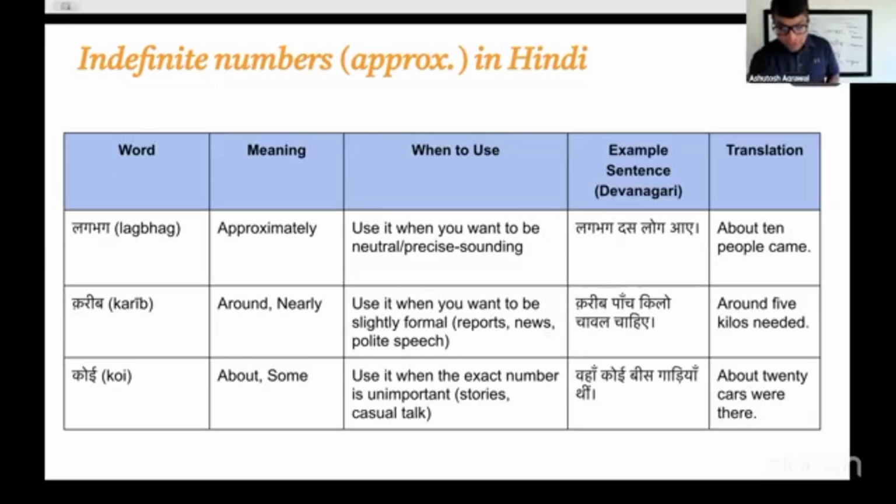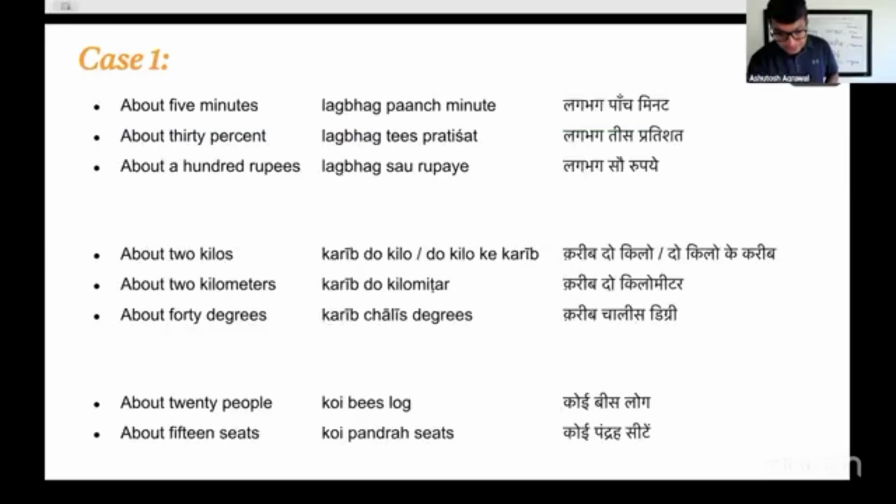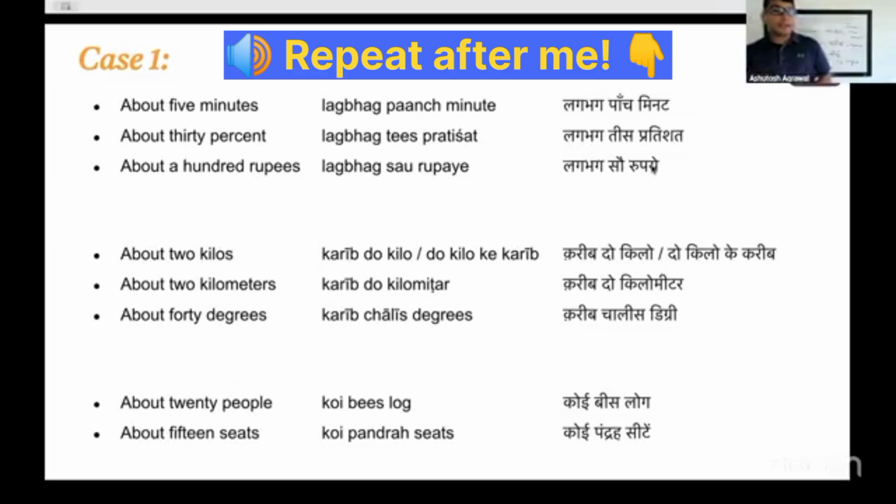So what I'll do is ask some of you to repeat after me or read it out, and then try to make sense of why they have been written differently. Lagbhag 100 rupaye, right? Let's say you want to give the oil price. 1 liter lagbhag 100 rupaye ka aayega, right? So you want to give some approximation there.